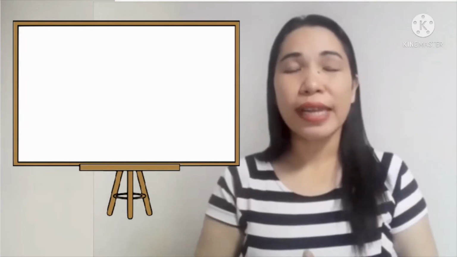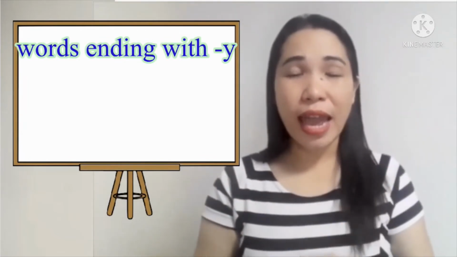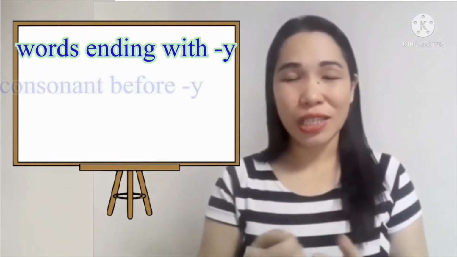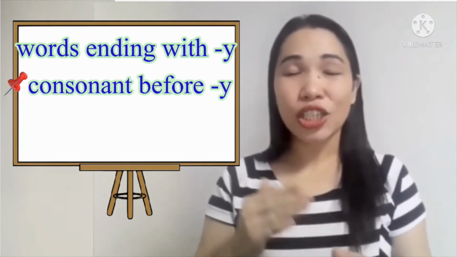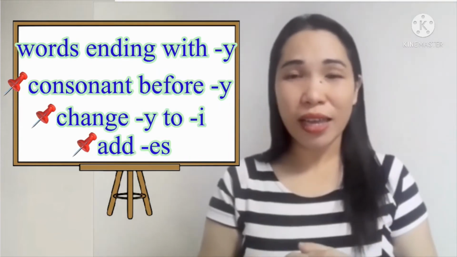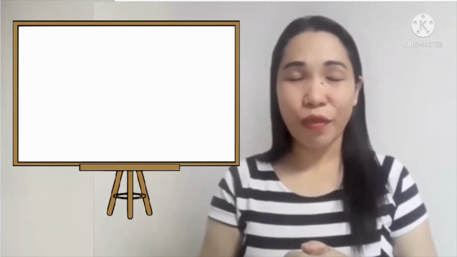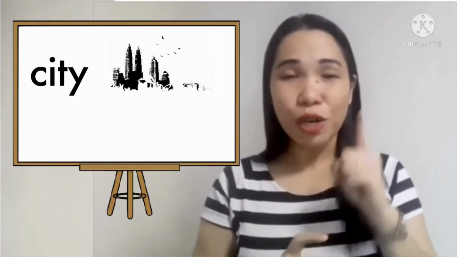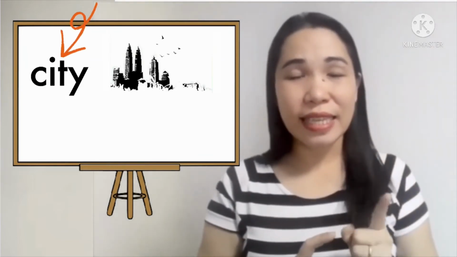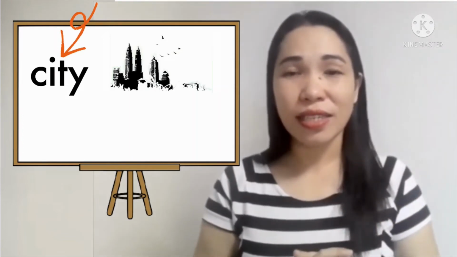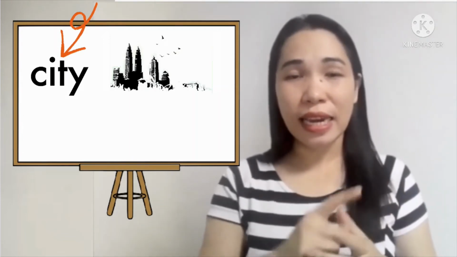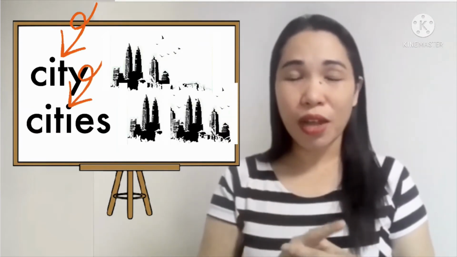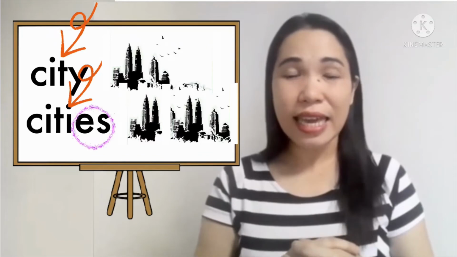Okay, the next rule is if the word ends with Y and the letter before the Y is a consonant, that means you change the Y into I and then add ES. For example, city. In the word city, the letter before the Y at the end is T, and T is a consonant. So for a word like city, we'll change Y to I and then add ES at the end.